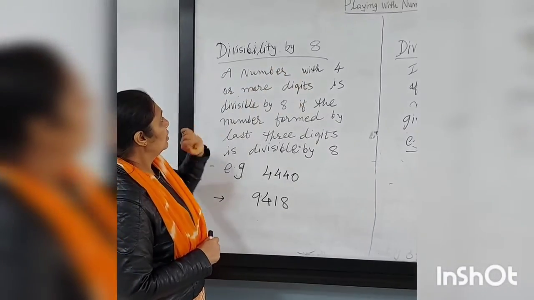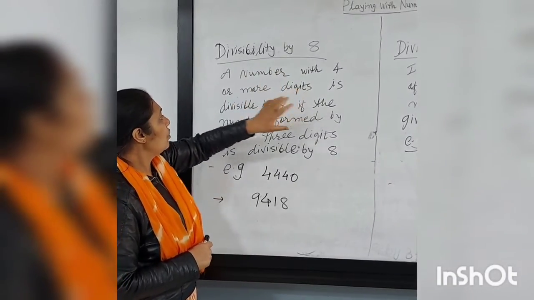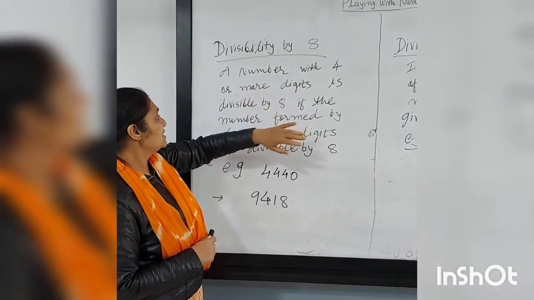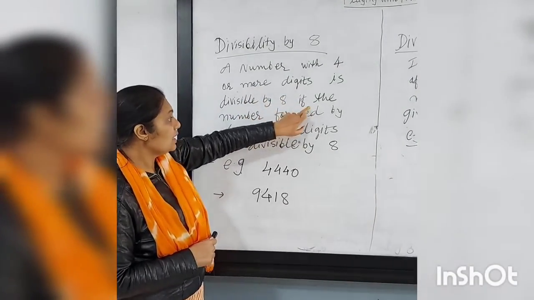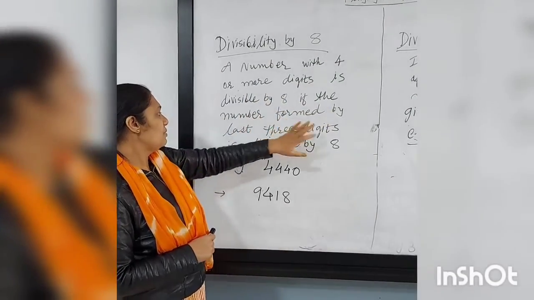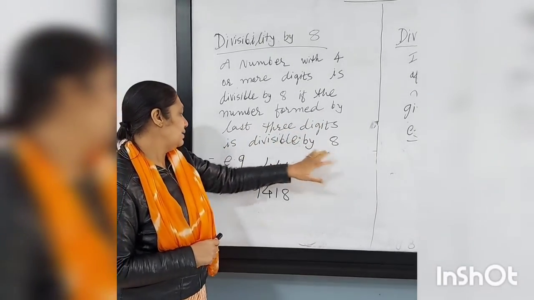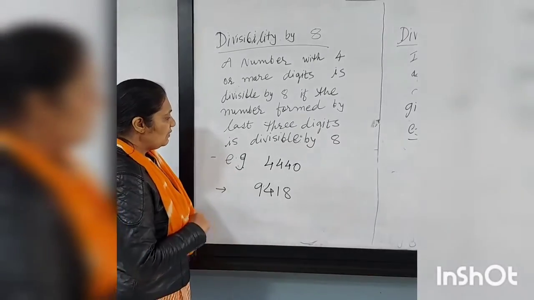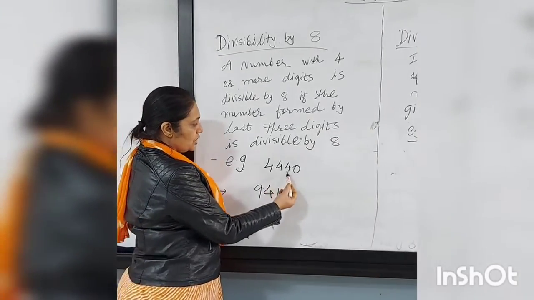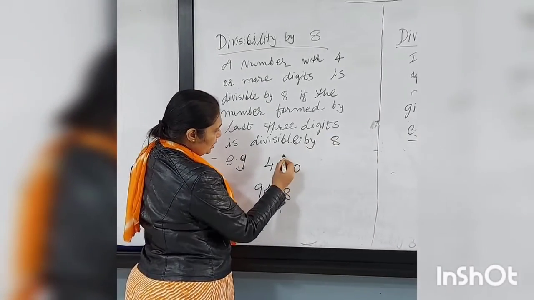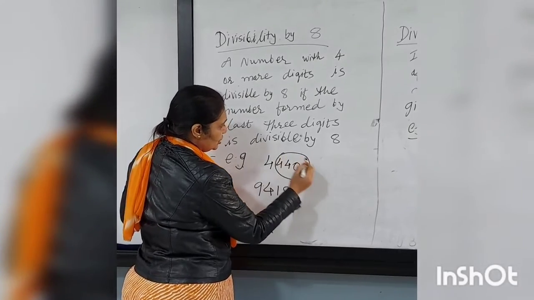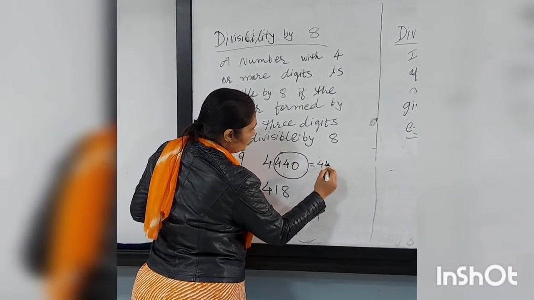Divisible by 8. A number with 4 or more digits is divisible by 8 if the number formed by the last 3 digits is divisible by 8. As for the example, we have the number 4440. Now we have to take only the last 3 digits. So that is 440.